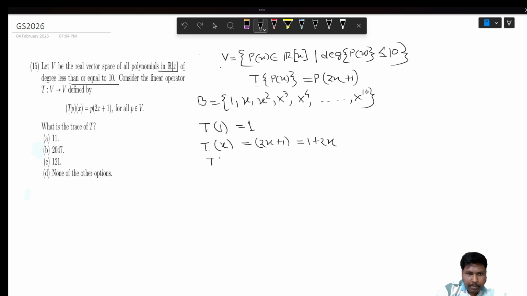T of x square is (2x plus 1) square, that means 1 plus 4x plus 2 square x square, where 4x can be written as 2 square x square.